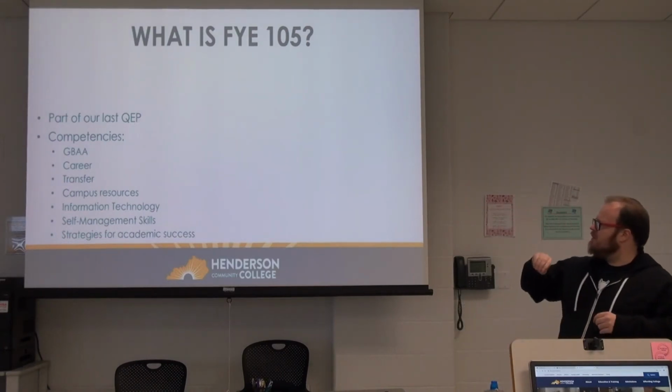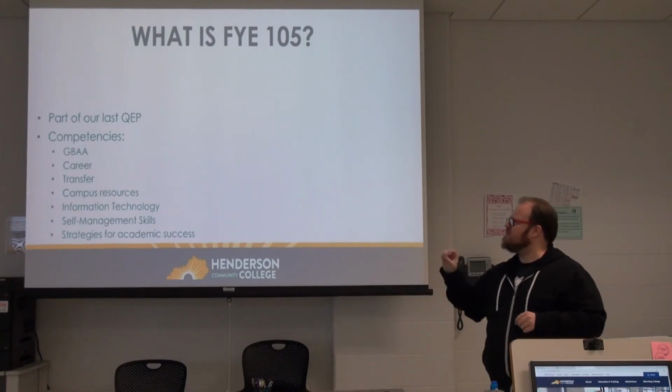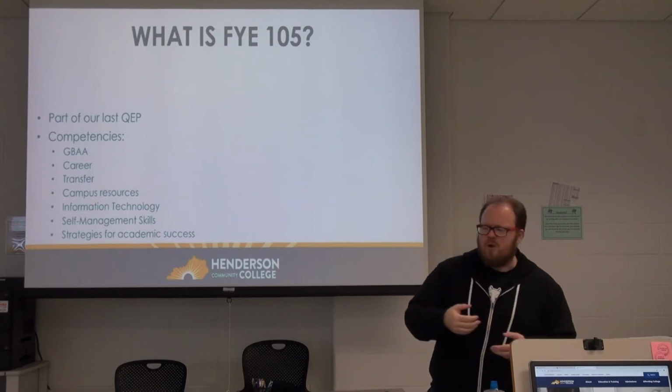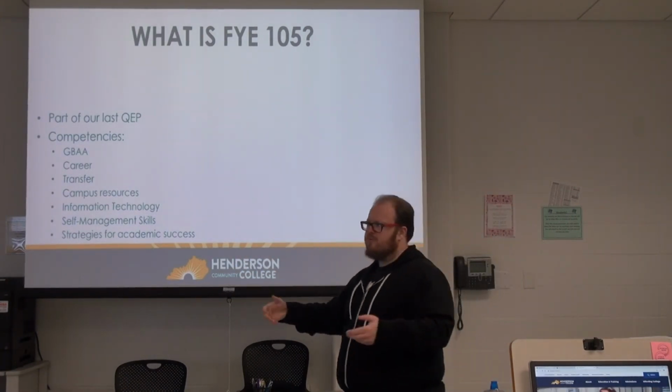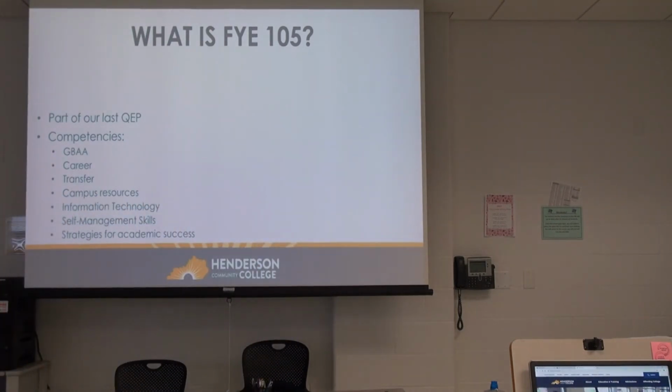Transfer, both from two-year to four-year, or maybe within the KCTCS, because we have plenty of students who start here wanting physical therapy assistant or something like that. We don't have that, so they may go to another KCTCS institution. Campus resources, so financial aid, career services.